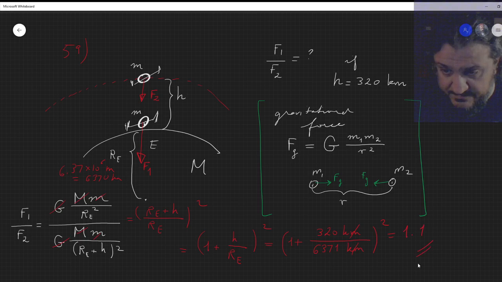Alright, so the force F1 is greater, obviously, and this is what they wanted us to find: the ratio of Earth's gravitational force on a satellite when it is on the ground to the gravitational force exerted when the satellite is orbiting at an altitude of 320 kilometers. The ratio is 1.1, or 1.102977, goes like that.